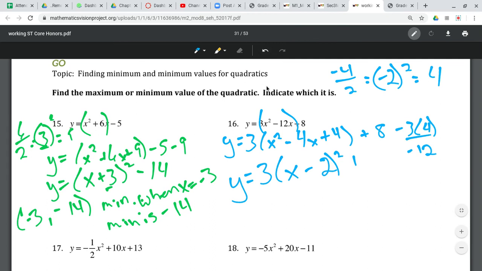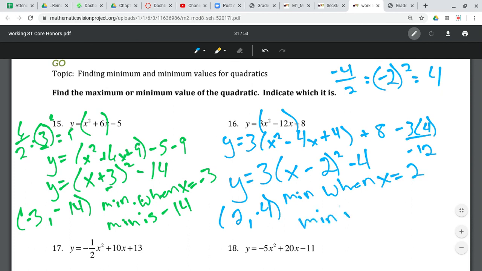So our vertex is the point (2, -4). So because this value is positive, when your x squared is positive, that means you're going to have a minimum. So we have a minimum when x equals 2, minimum is negative 4.